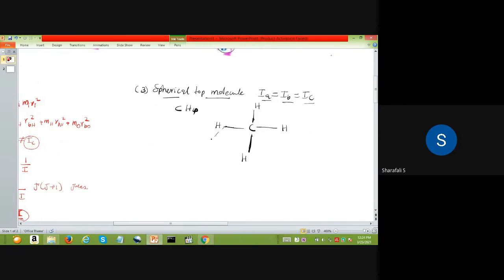So in this case, you can consider the plane like this. So these two hydrogens come above and below this plane. And these two hydrogens will be in the plane.